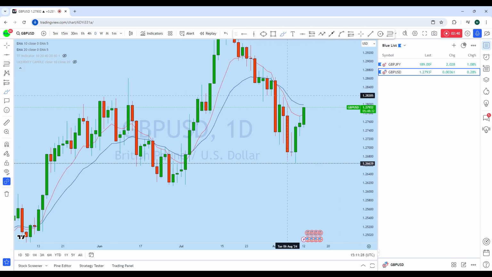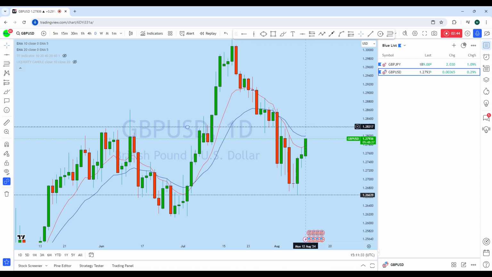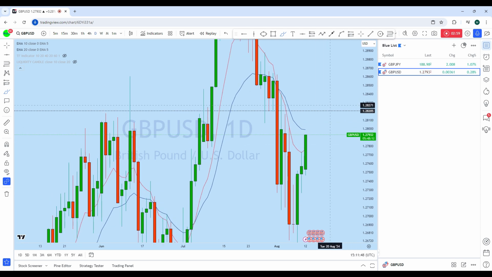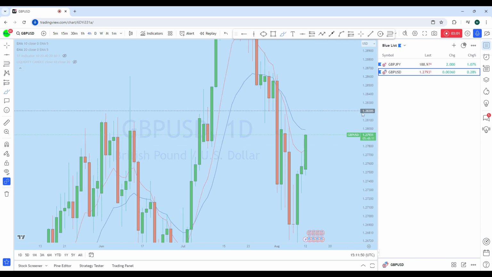Currently the price is approaching this liquidity zone. If we draw this support, which in the past acted as resistance, we can see the market is approaching that level, expecting the price to move up and break this high to create a new higher high.